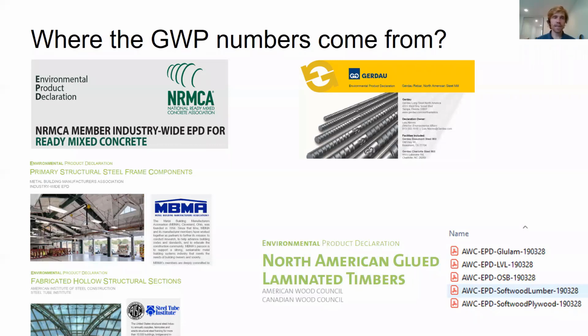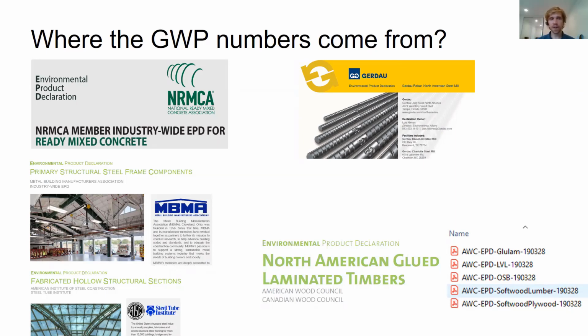So Beacon has a lot of these industry average EPDs baked into the program. It allows you to select from a list of materials and multiply material quantity by that GWP number. So very simple and also powerful, because you can take more specific EPDs if that information is available and plug that into the tool as well.